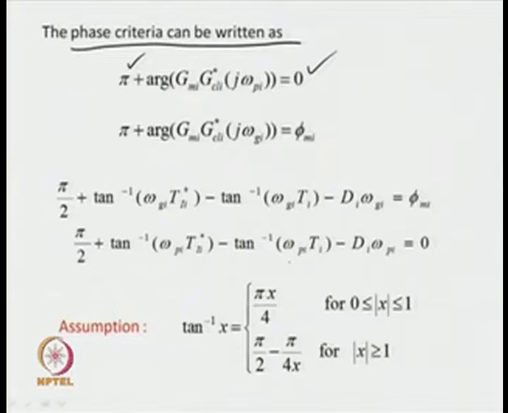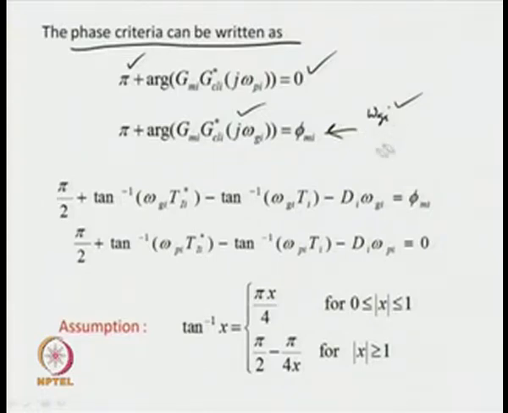Similarly, the phase margin condition gives us an expression: pi plus argument, the angle of the loop at gain crossover frequency omega g_i, is equal to the phase margin. So, omega g_i is the gain crossover frequency and phi m_i represents the phase margin of the loops.